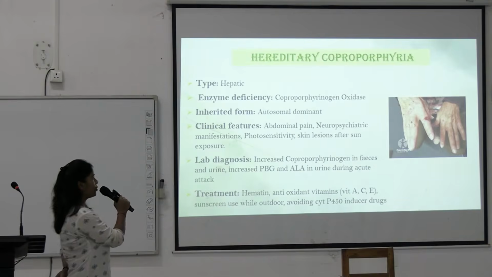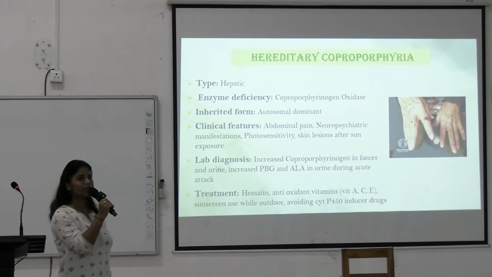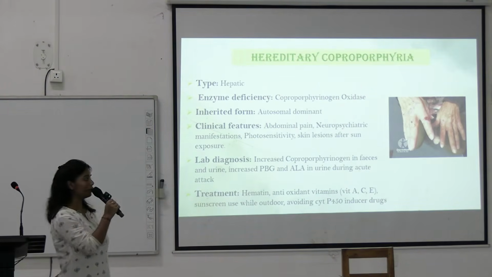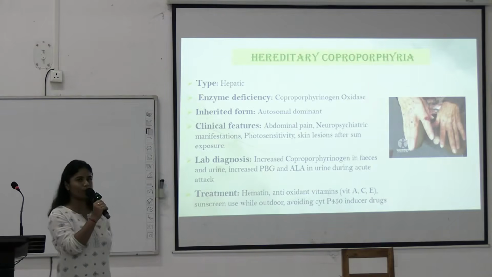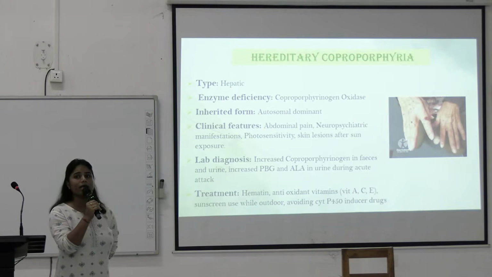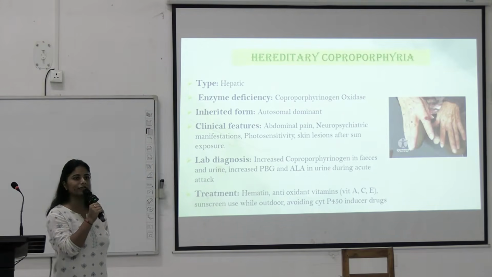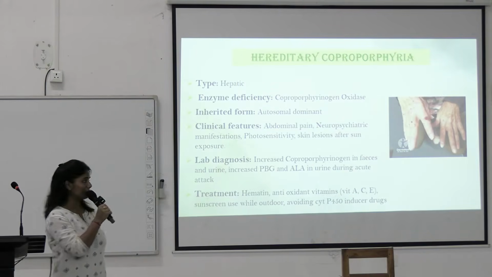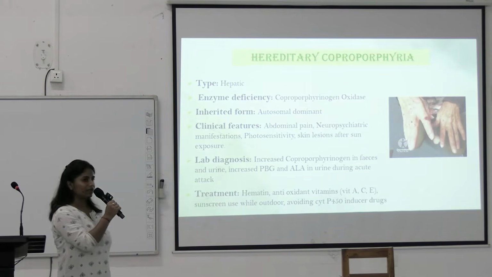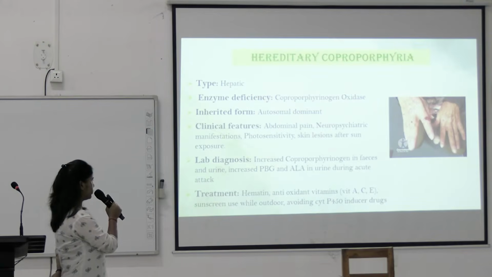Now I'm going to speak about hereditary coproporphyria, which is a hepatic type of porphyria caused by the deficiency of the enzyme coproporphyrinogen oxidase. Its inherited form is autosomal dominant. Its clinical features are abdominal pain, neuropsychiatric manifestation, photosensitivity, and skin lesions on sun exposure.